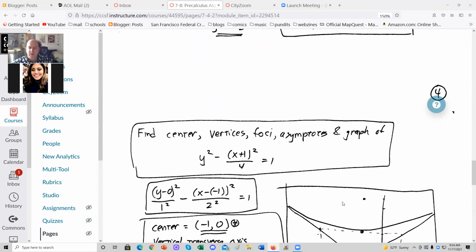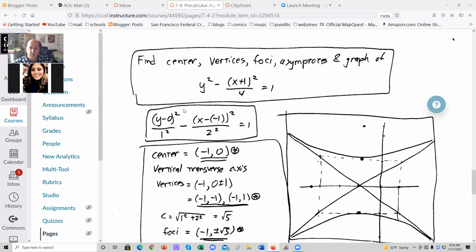Find center, foci, vertices, asymptotes, and graph of y squared minus x plus 1 squared over 4 equals 1. You have a difference of squares, so that'll be a hyperbola. This is y minus 0 squared over 1 squared, minus x minus negative 1 squared over 2 squared. We read off the center, negative 1 by 0.